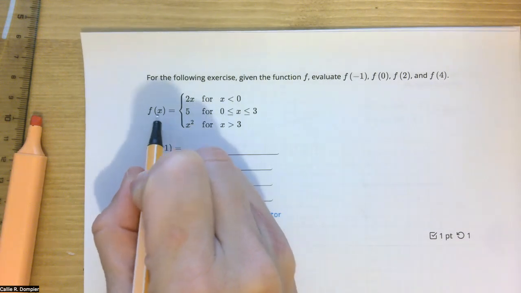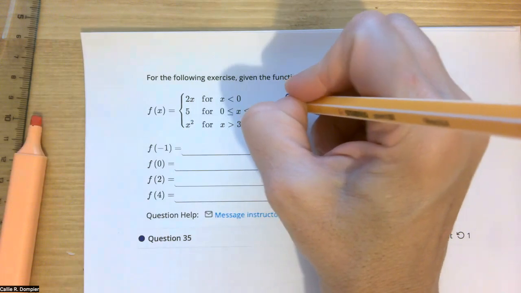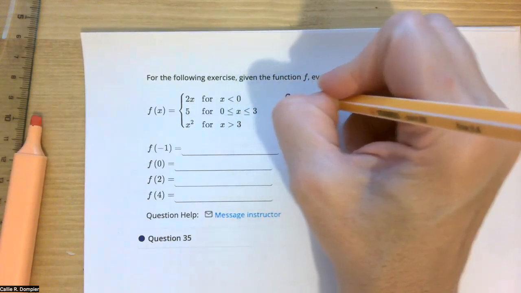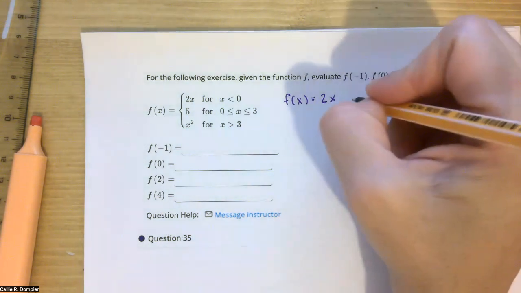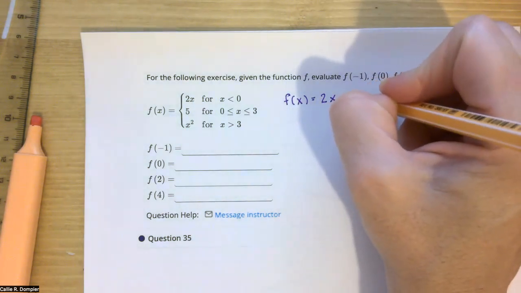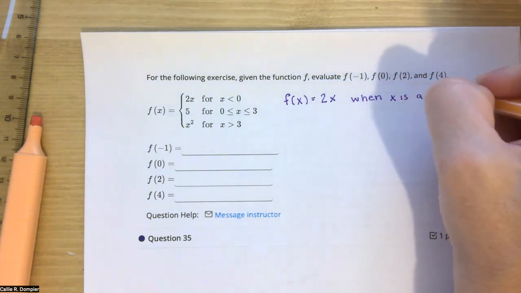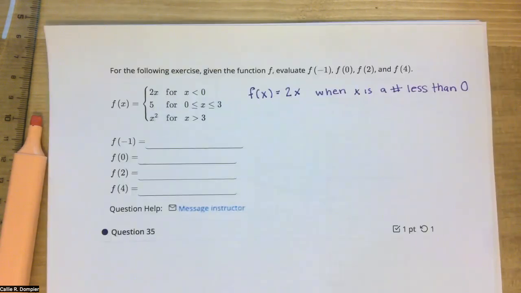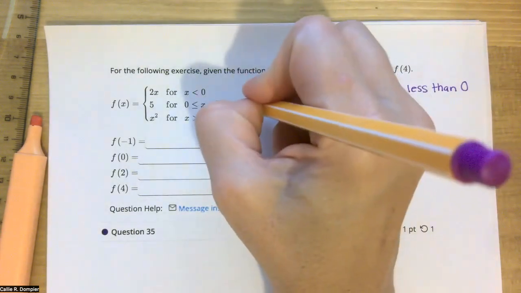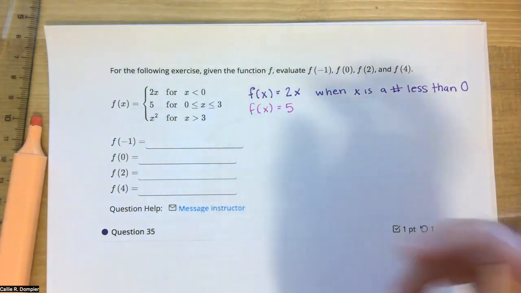Here it says f of x equals 2x when x is less than 0. So f of x is 2x if we're talking about a number less than 0. X is a number less than 0, right? F of x is just 5. There's not even an x to substitute. It's just always 5.